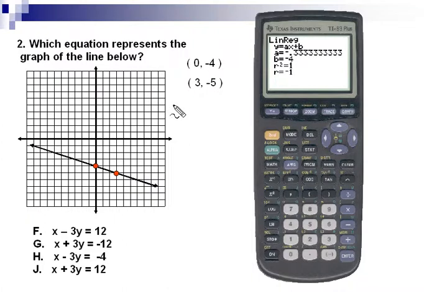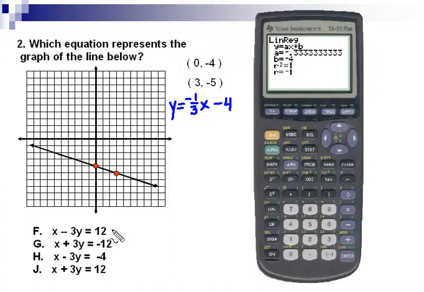Alright, let's write our equation. This would be y equals negative 1/3 x minus 4. Notice that all of the answer choices are in standard form.